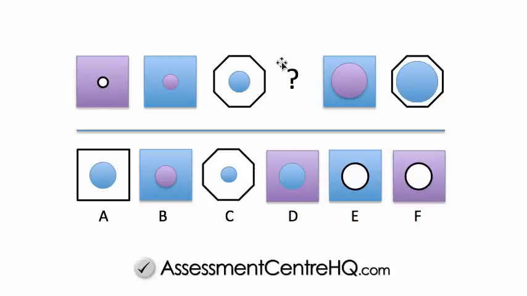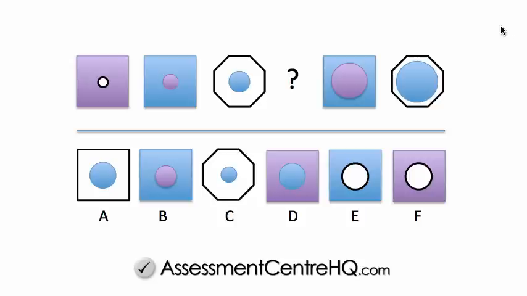Okay, the next variable here is the background image, so the outer shape. It's very common that you see outer and inner shapes. The outer shape is a square, then a square, then an octagon, then our question, then another square, and then an octagon. So there's a sequence there: square, square, octagon, blank, square, octagon. So the shape of the outer shape is the third variable, and the fourth variable is the colour of the outer shape.